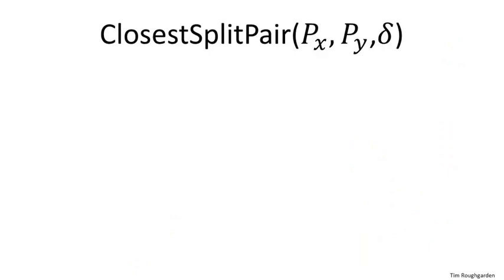So how does it work? Well, let's look at a point set. The first thing we're going to do is a filtering step. We're going to prune a bunch of the points away and zoom in on a subset of the points: those that lie in a vertical strip, which is roughly centered in the middle of the point set. By centered, we're going to look at the middle x-coordinate. Let x bar be the biggest x-coordinate in the left half.